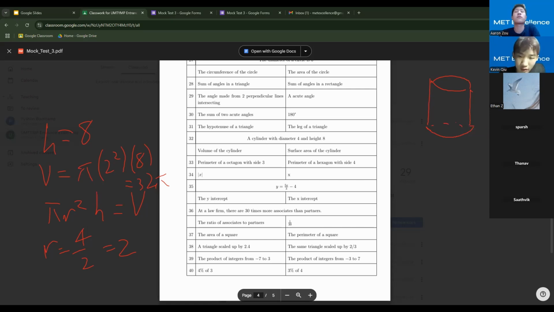You have to consider the circle at the top, the circle at the bottom, which is the same circle, and the outside of the cylinder, which is called the lateral surface area. If you unroll it, it's a rectangle. And so, first of all, the area of each of these circles is going to be pi r squared. So that's 4 pi and 4 pi as well.